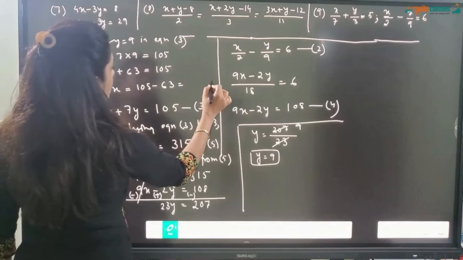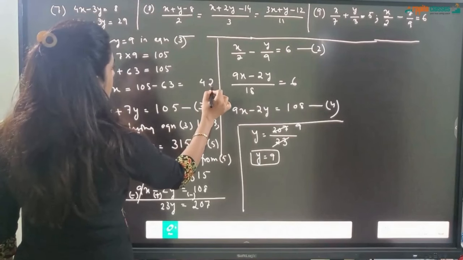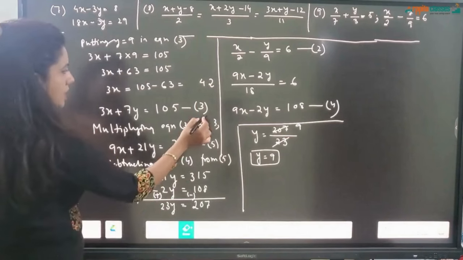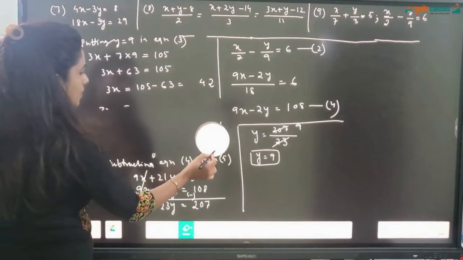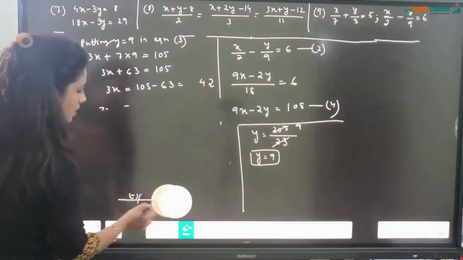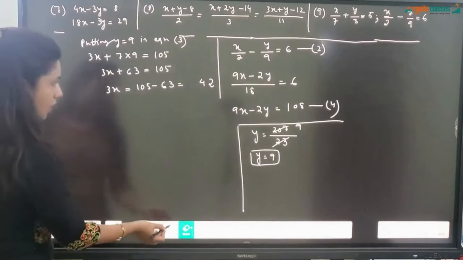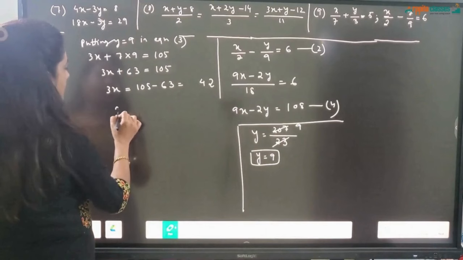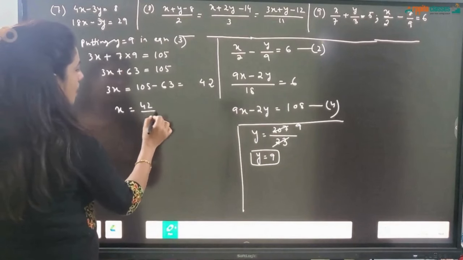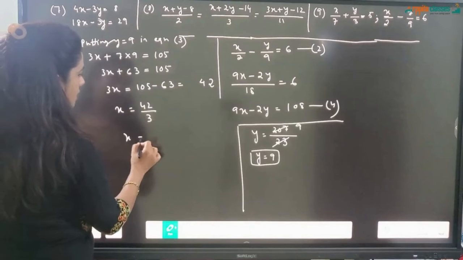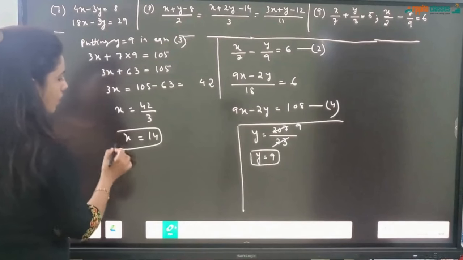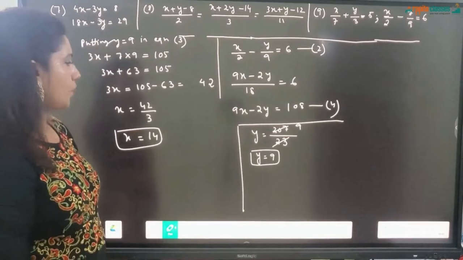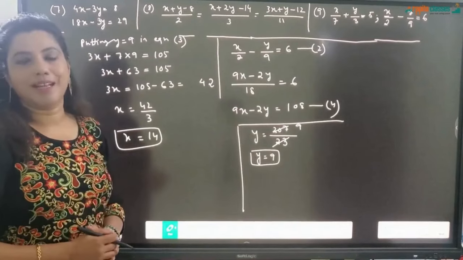That will give you 42. I'll just erase this part also. This is not required anymore. Okay, so x is equal to 42 upon 3. That is 14. So we got the value of x and y. X is 14 and y is equal to 9.